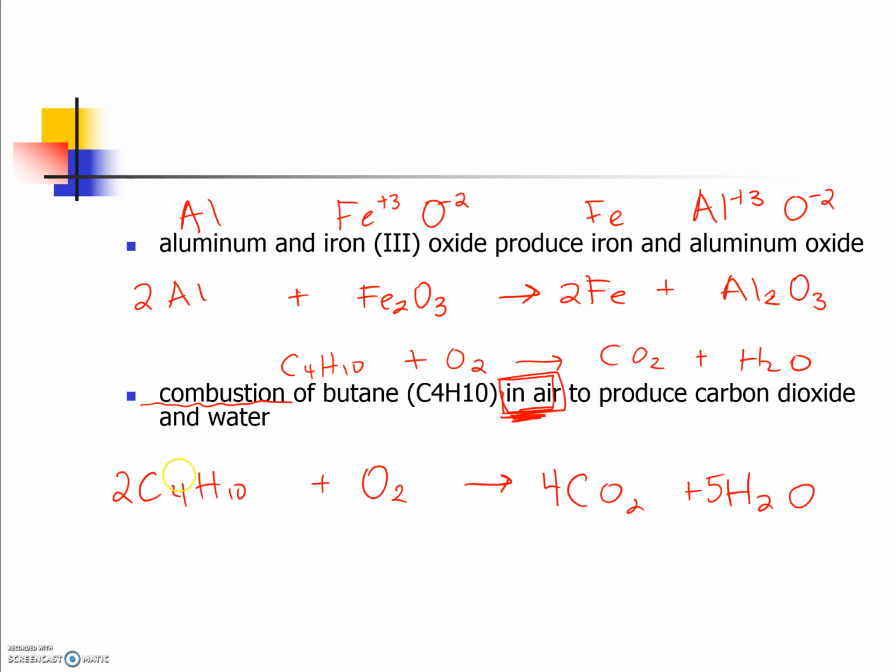So I'm going to put a 2 here, double this to an 8, and double this to a 10. So now I have 2 times 4 are 8, and 8. 2 times 10 is 20, 10 times 2 is 20, and then I have 8 times 2 is 16, plus another 10 is 26, so I have 13 times 2 gives me 26.